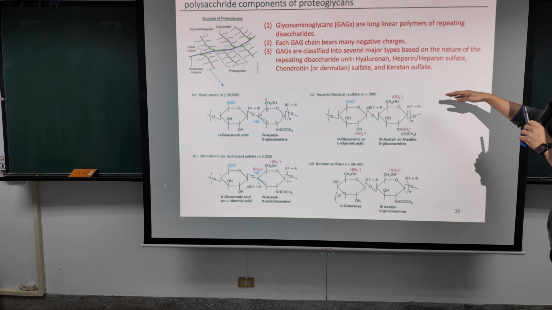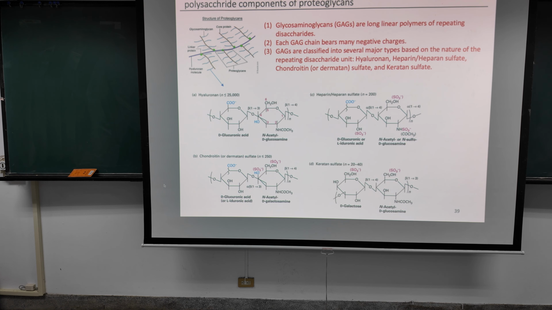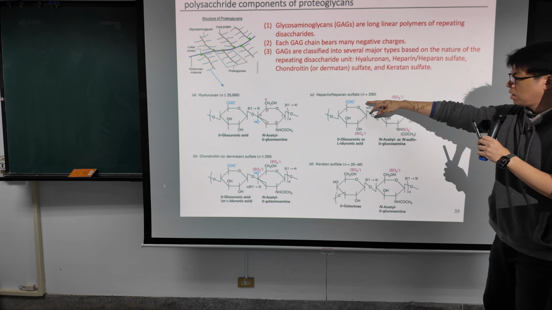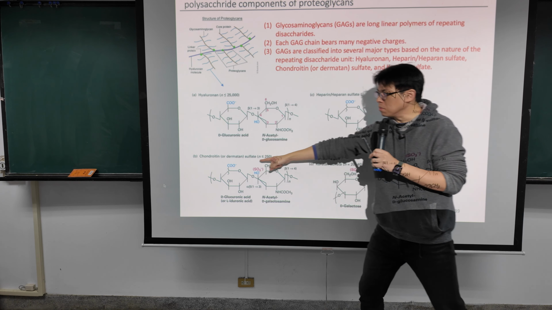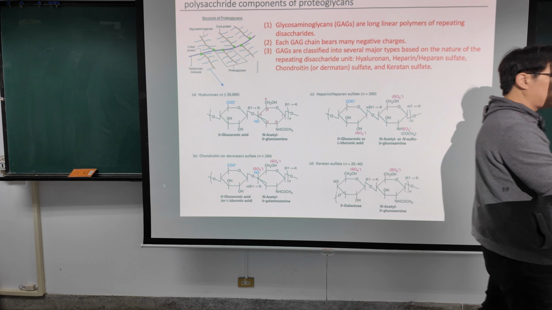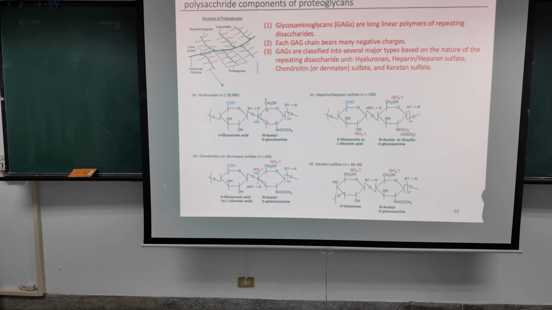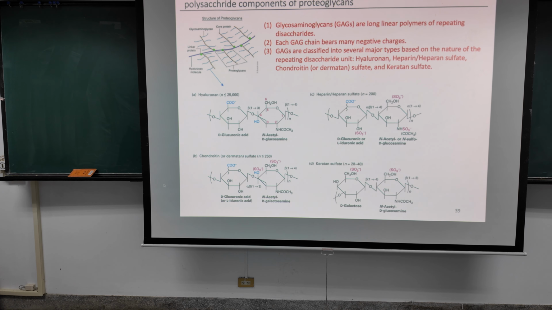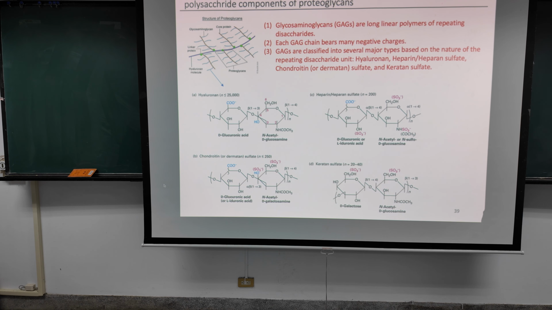In the textbook, they introduce four different GAGs: hyaluronan, chondroitin sulfate, heparan sulfate, and keratan sulfate. As you can see, there is a lot of negative charge here. So the long polymer GAG will have a lot of negative charge, and negative charge will attract a lot of water. So around here, there will be a lot of water.